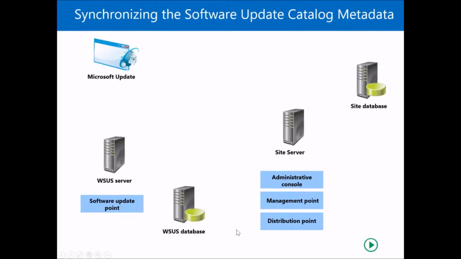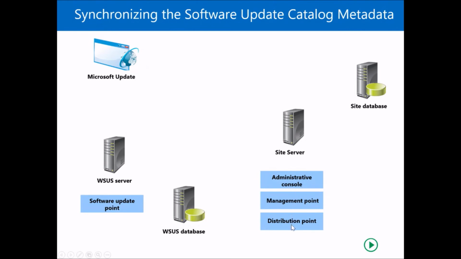All right, so let's have a look at this diagram to see how the synchronization of the software update catalog metadata works. You've got the Microsoft updates, the WSUS server, the WSUS database behind the scenes, your site server, which is your SCCM, and the site database.